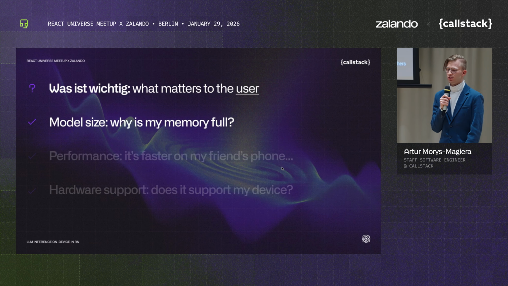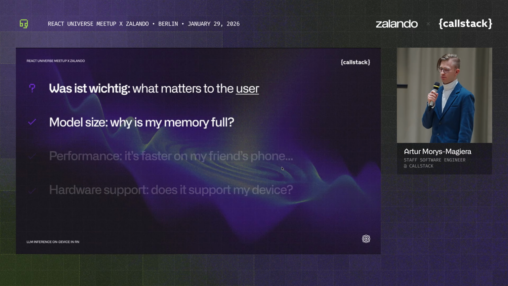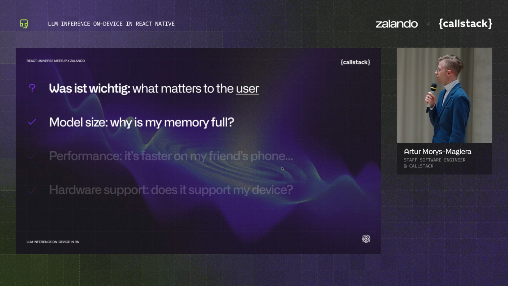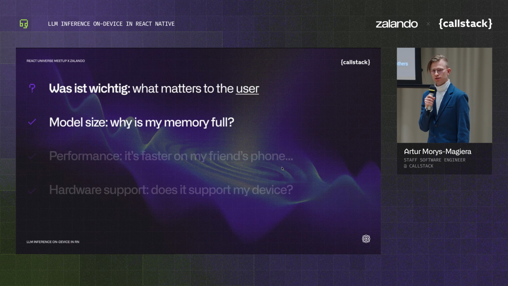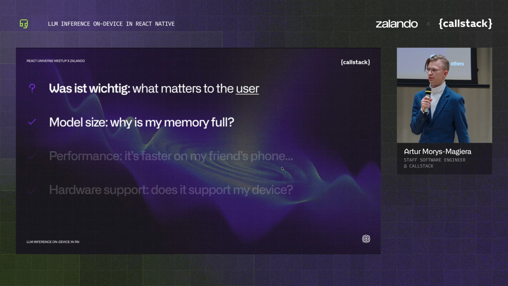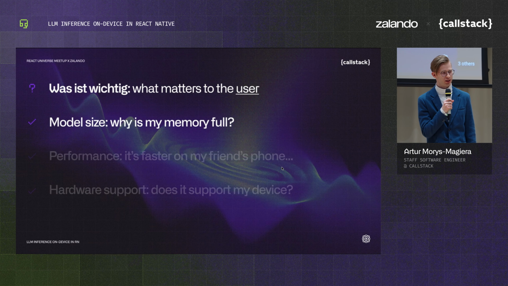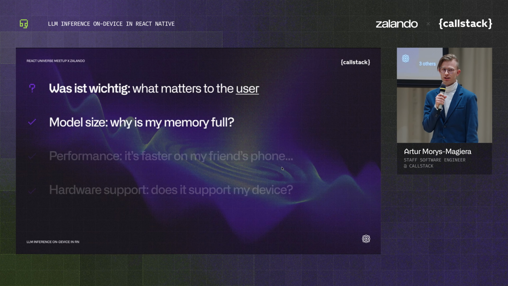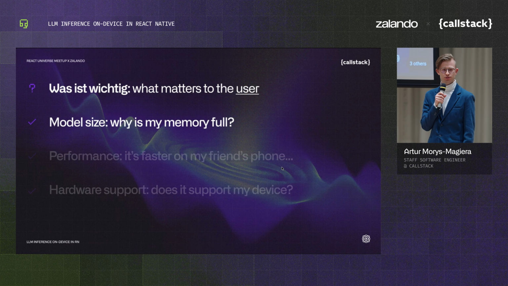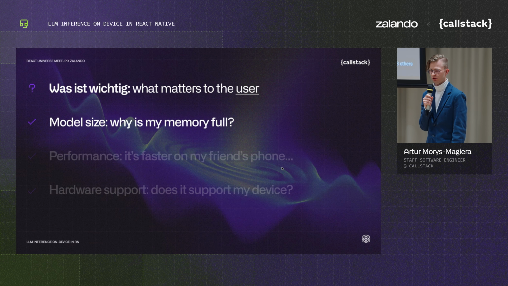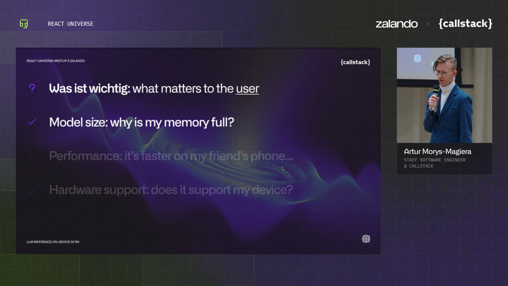And now I think it's time to discuss the needs from the user's perspective. Firstly, the model size, because a typical non-technical user, which is probably the typical user persona for a whole bunch of applications, does not usually know the technical side of the application, and usually doesn't want to know it. They don't want to know how it works. They just want it to work well.